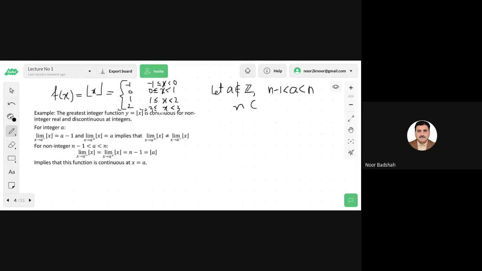For example, if you take 1.3, 1.3 is a non-integer, but 1.3 is between 1 and 2. 3.5 is a non-integer, but 3.5 is between 3 and 4. So in that case, n will be what? n will be an integer. So we say that if a is any non-integer, then a can be written as an interior point of two consecutive integers.